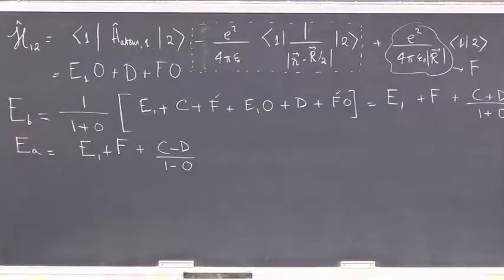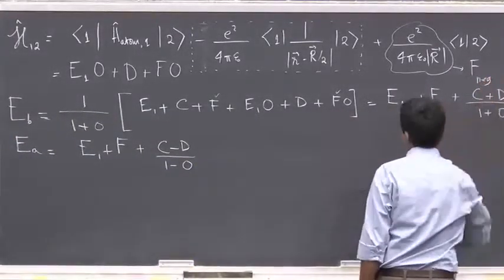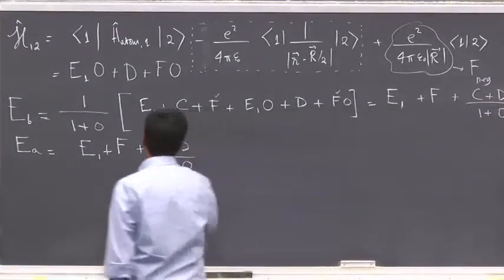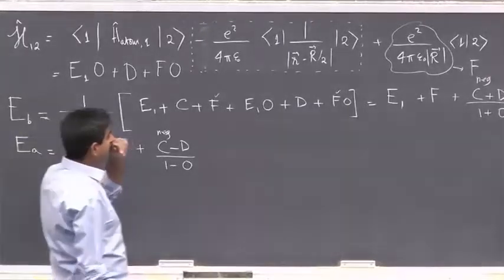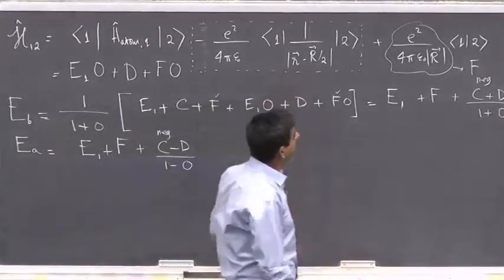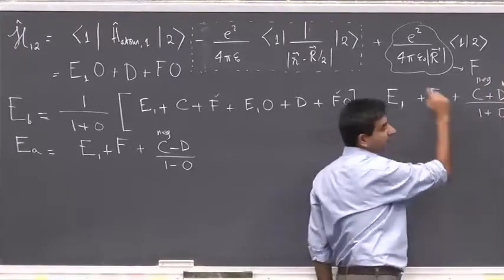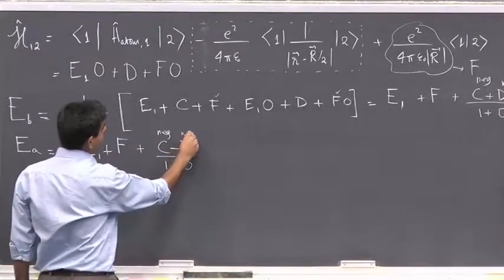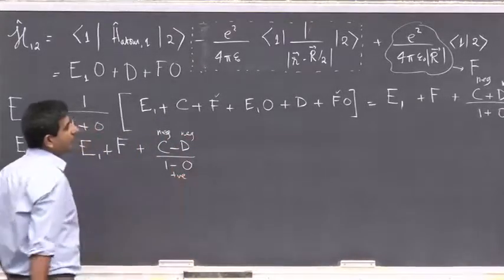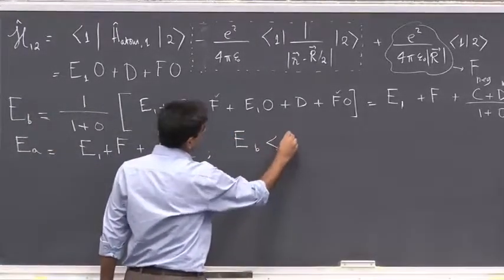Now if you notice, this term C is negative, this is a negative term over here, and D is also negative, and there's a positive sign over here. What this shows us is that EB is less than EA.